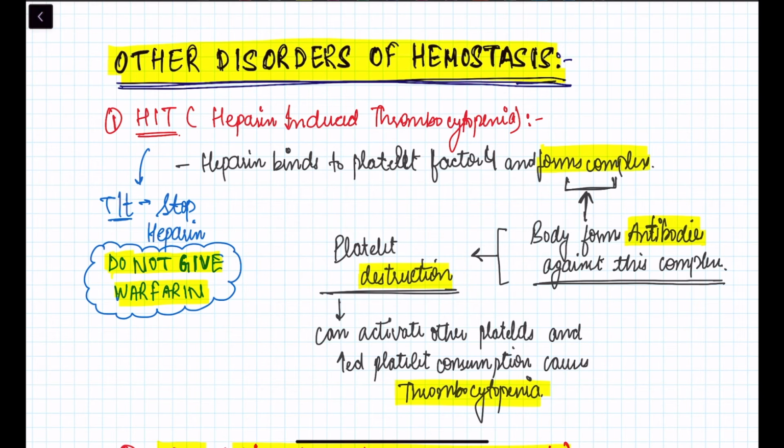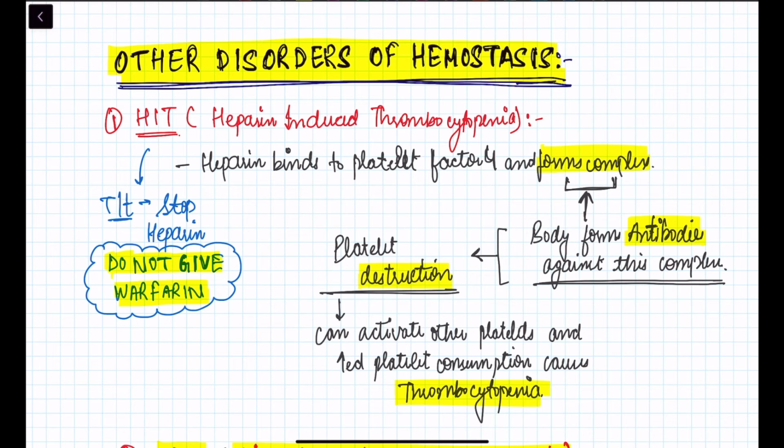The antibodies subsequently will destroy the platelet factor 4 heparin complex, and it will induce other platelet activation and destruction as well. So there is a picture of thrombocytopenia. So upon giving heparin to a patient, there could be a decrease in platelet levels because of increased destruction of platelets due to antibodies.